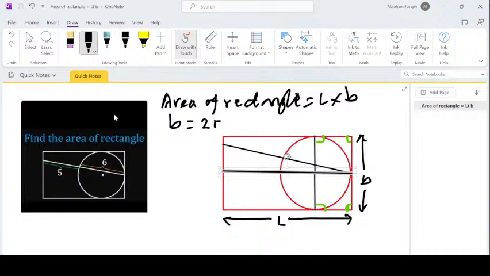I'm using a green line for that. So this angle here is green. Green just denotes the right angles.